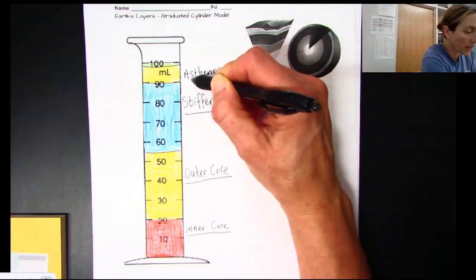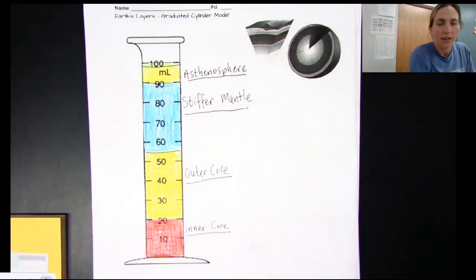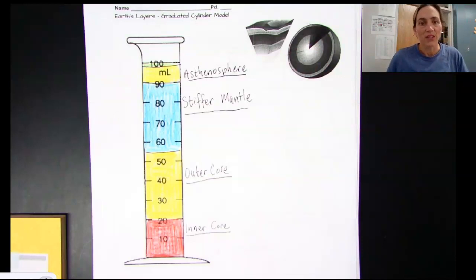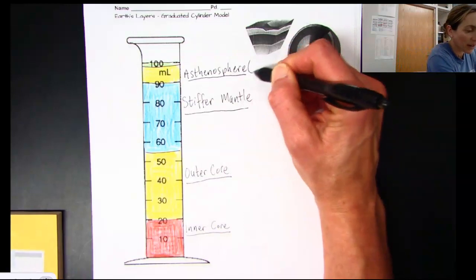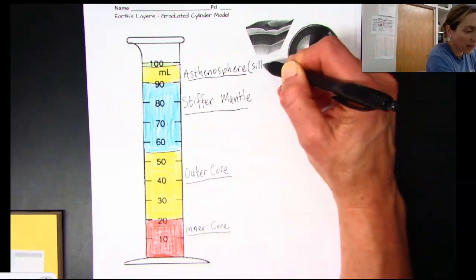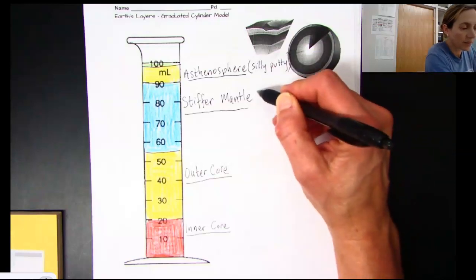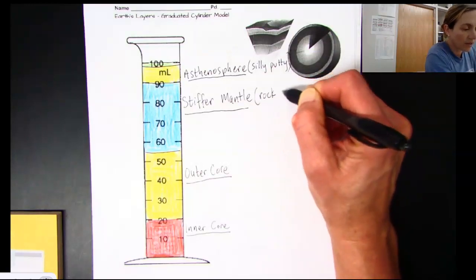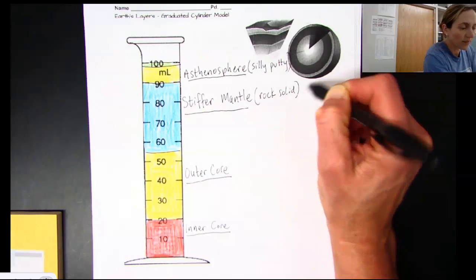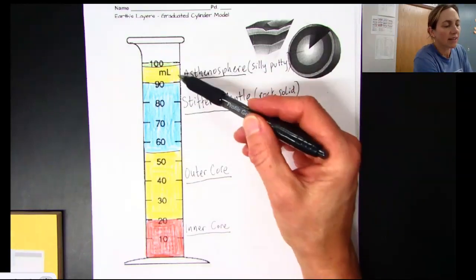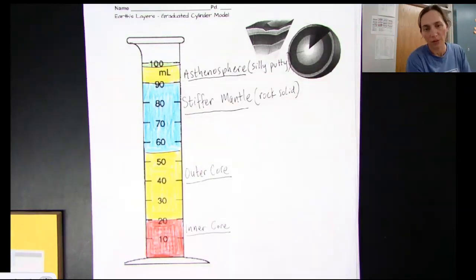Asthenosphere. Or you can think of the silly putty layer of the mantle. And I'm going to write that in because it amuses me. So silly putty. The stiffer mantle is rock solid. Okay, so technically these two layers are both mantle.